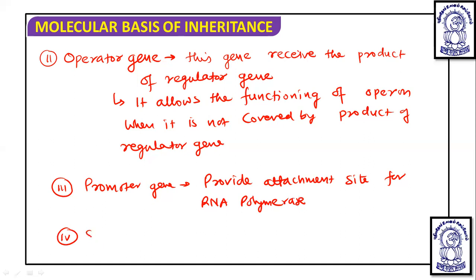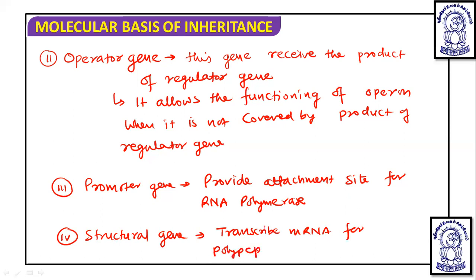And fourth is the structural gene, which transcribes mRNA for polypeptide synthesis. Okay, in such a way, all of these are actually arranged and coordinated.